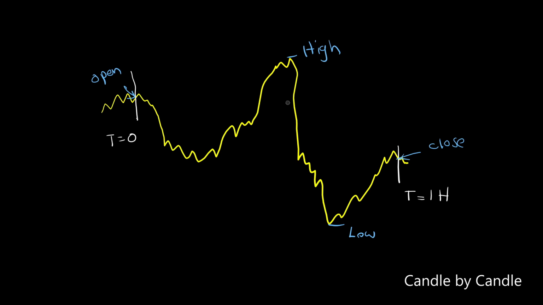So what has happened here is the price opened and it went down, went up to the highest point within this time period, went to the lowest point within this time period, and then closed when it hit the 1 hour mark. So the price has gone down between when it opened and closed.